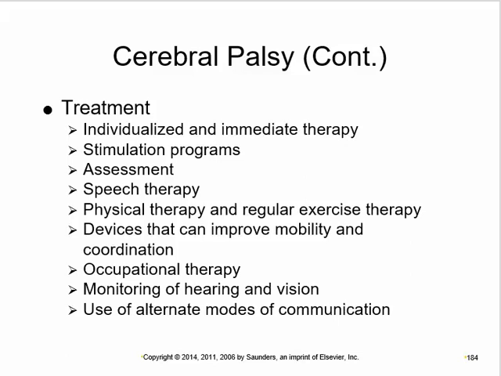I have at least 3 patients that come to mind that are functionally normal, working people. 2 of them are married and raising families, but they have a very mild amount of cerebral palsy, and it affects them gait-wise.